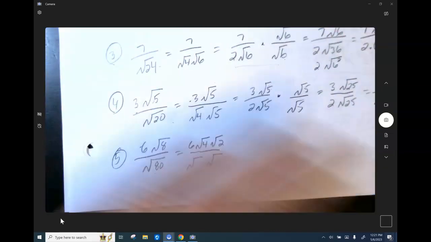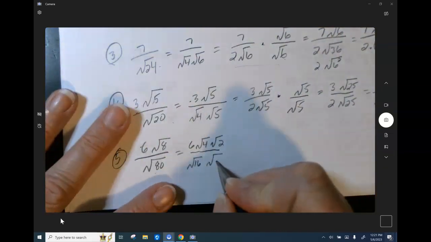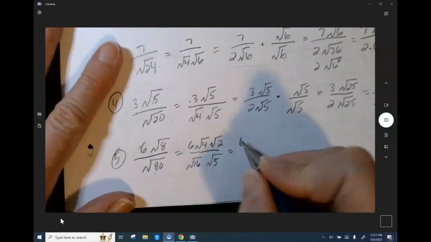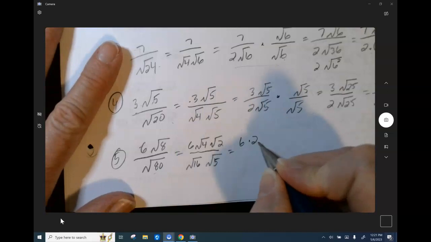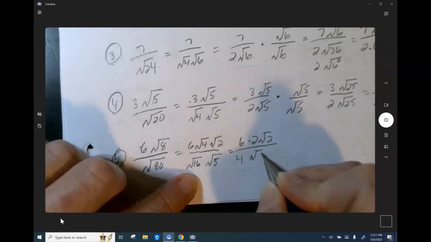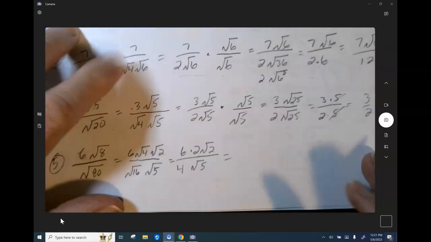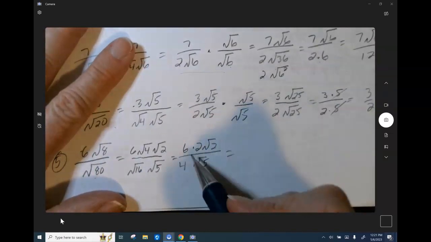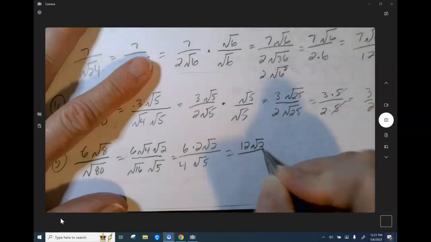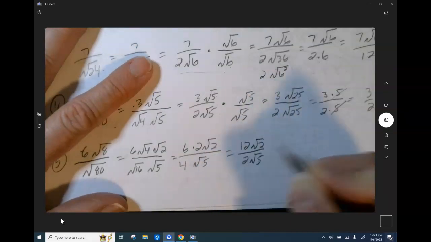Yes, it is. So that breaks into 16 and 5. Okay? So that gives me 6 times 2 square root 2 over 4 square root 5. I'm just going to simplify a little bit there. Now I could simplify the 6 and 4, but I'm going to just wait. Over 2 square root 5.